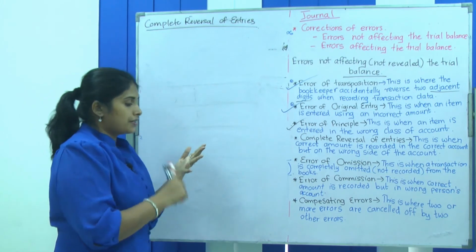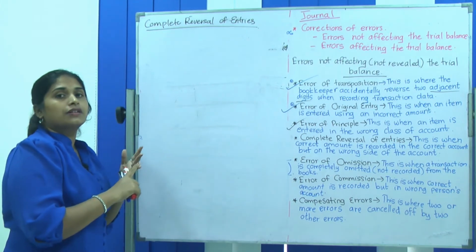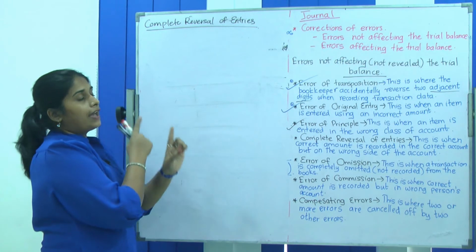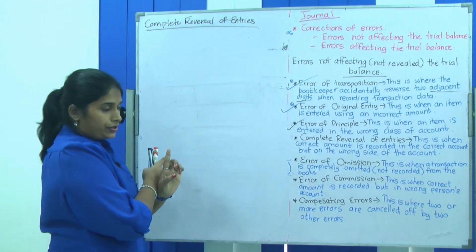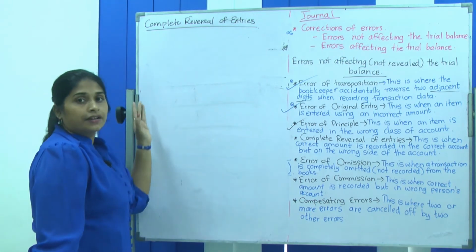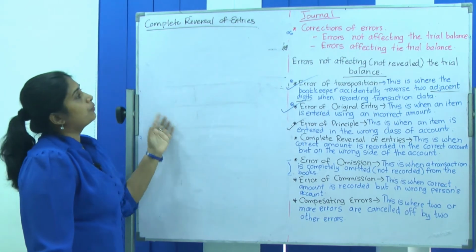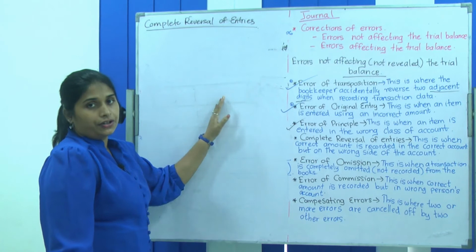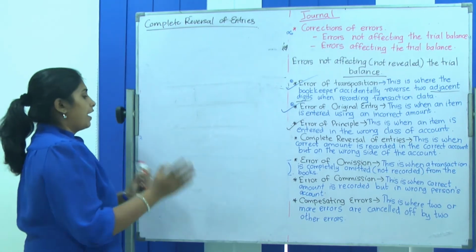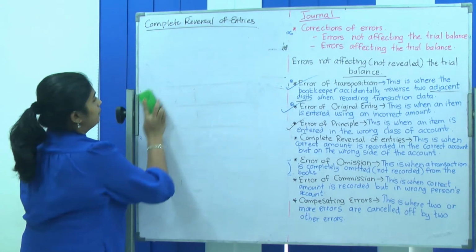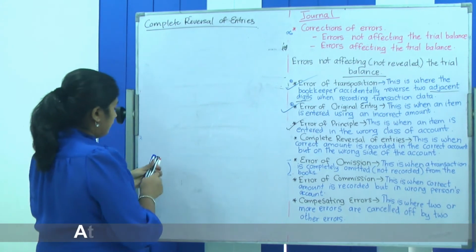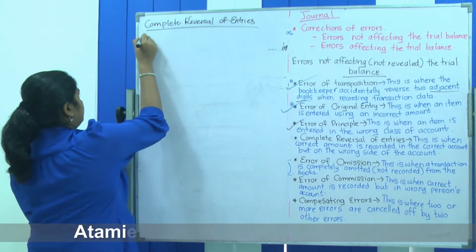That means the amount is correct, the account is correct, but they have recorded it on the wrong side. That means the account that should be credited has been debited, and the account that should be debited has been recorded on the credit side. So they have messed up the sides. So I'll do an example.